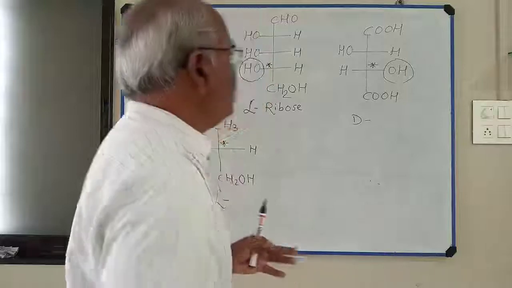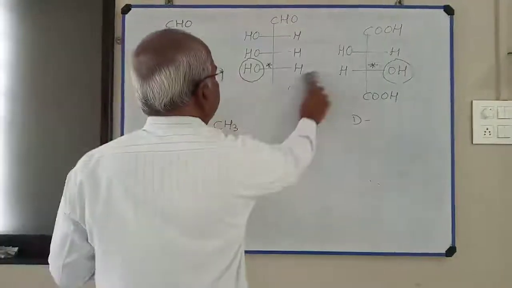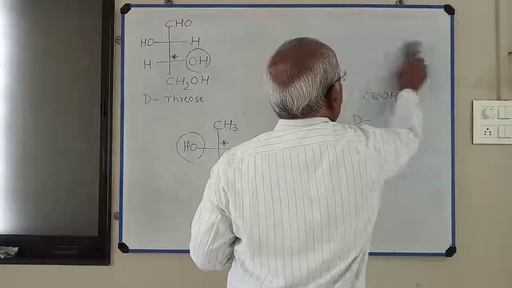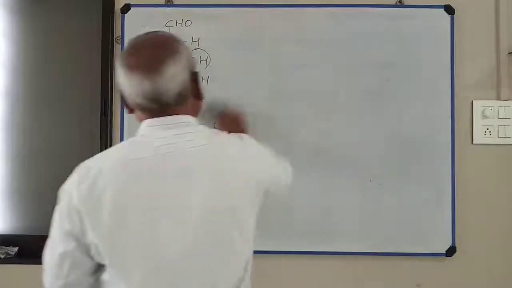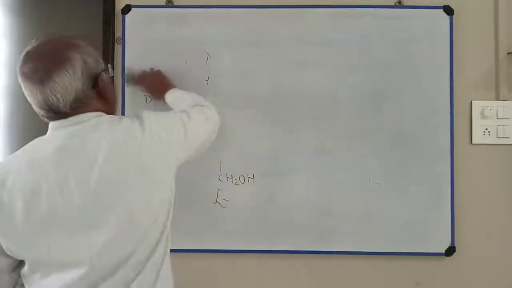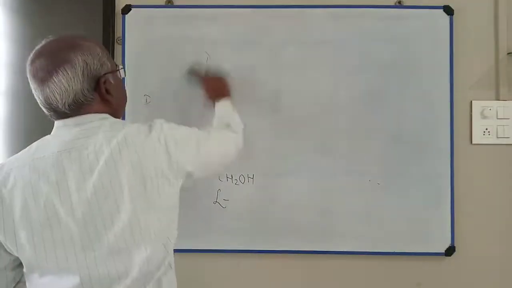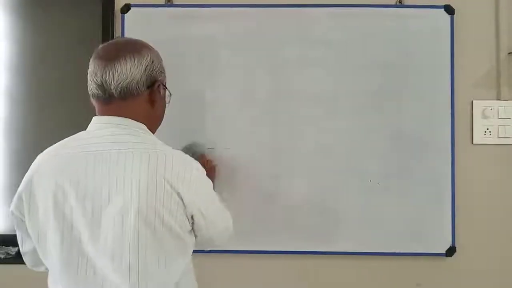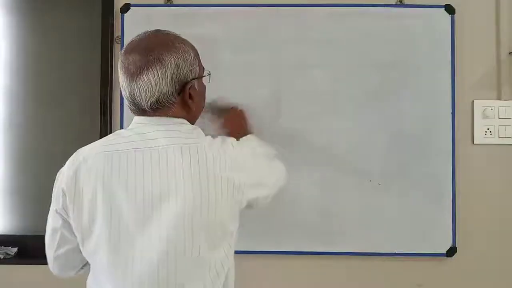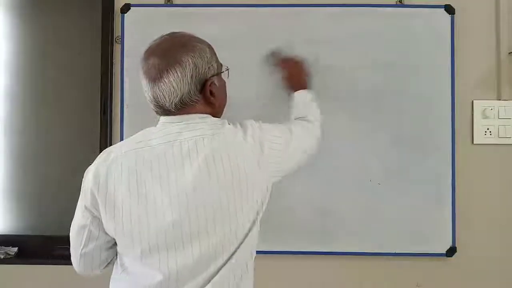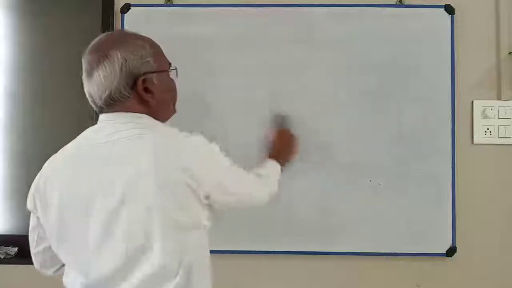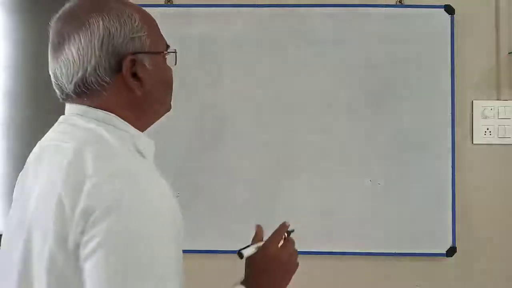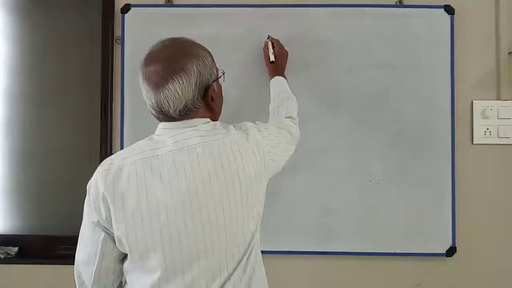That all the properties can be explained by the cyclic or ring structure of glucose. And we are going to study cyclic or ring structure of glucose. The point is somewhat difficult, but try to understand. It is not that much difficult.